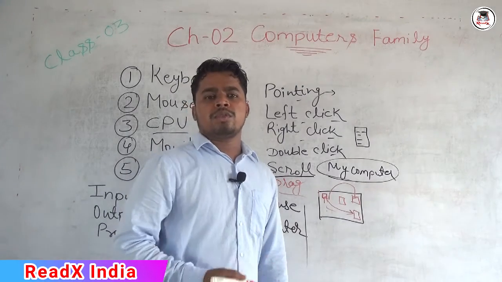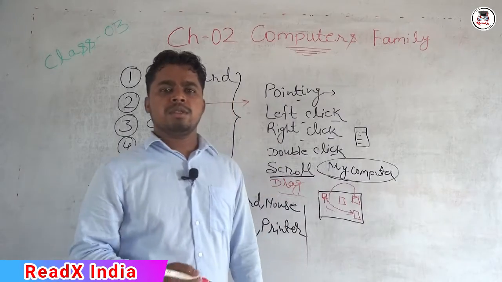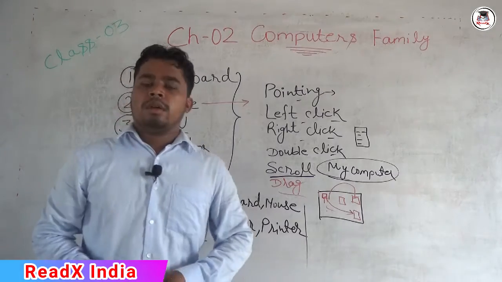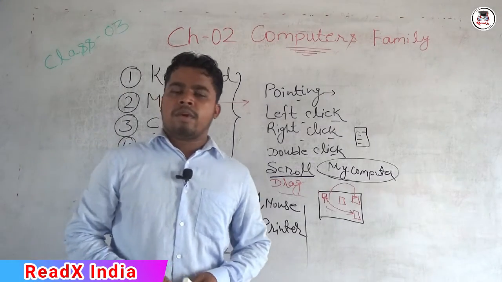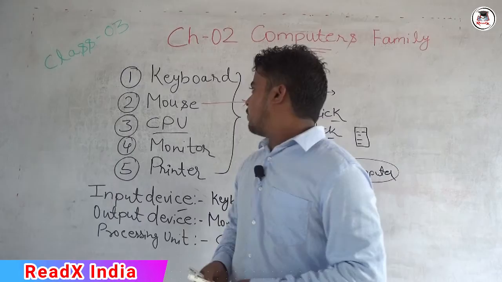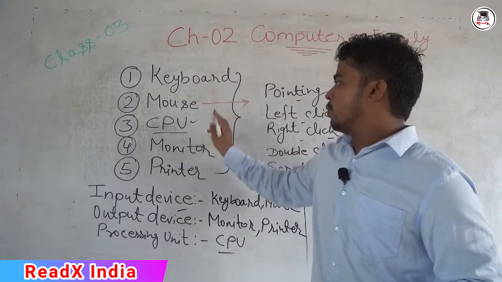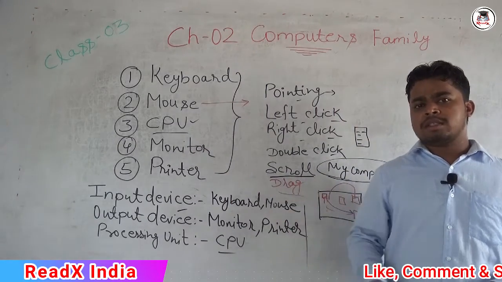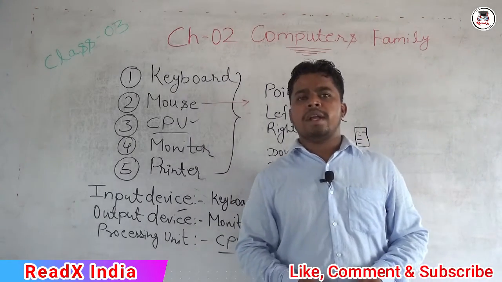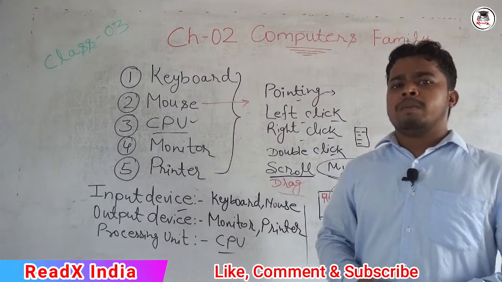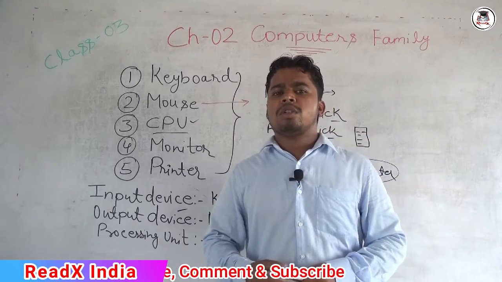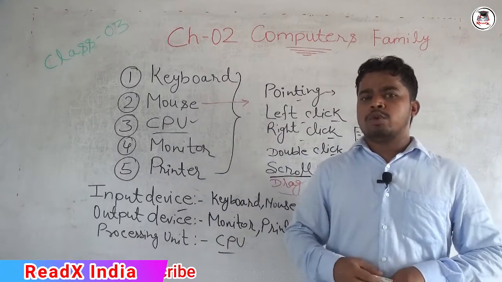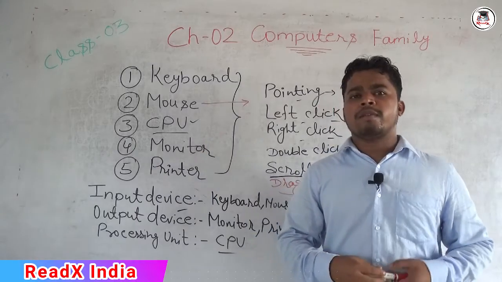Okay, so students, I hope from all this you have got a clear idea about the mouse. Now the next family member of a computer is the CPU. Basically, the CPU is known as the brain of a computer. Why is it known as the brain? Because it processes the tasks which are asked of it by the input device.